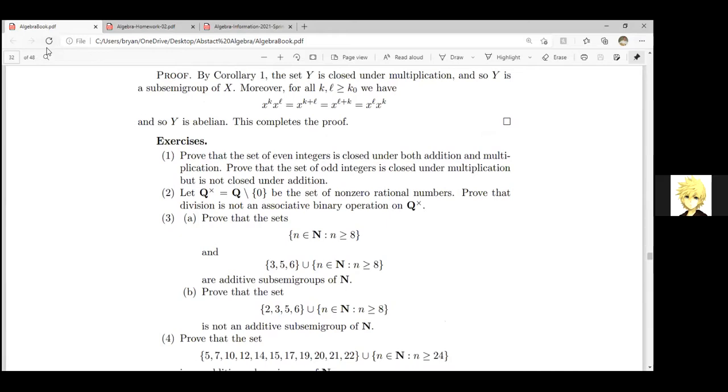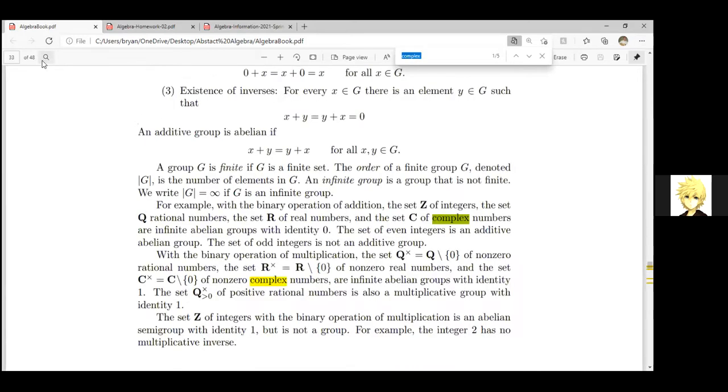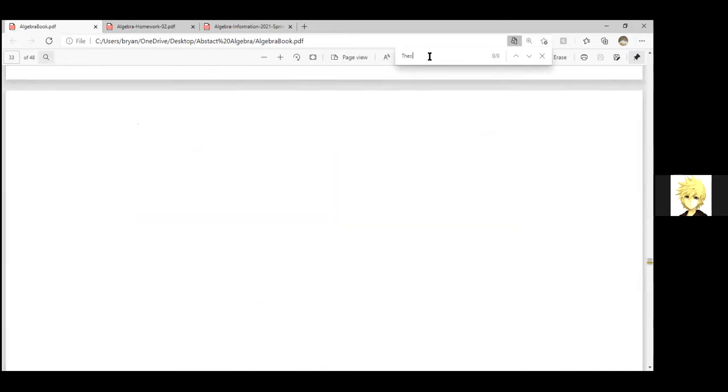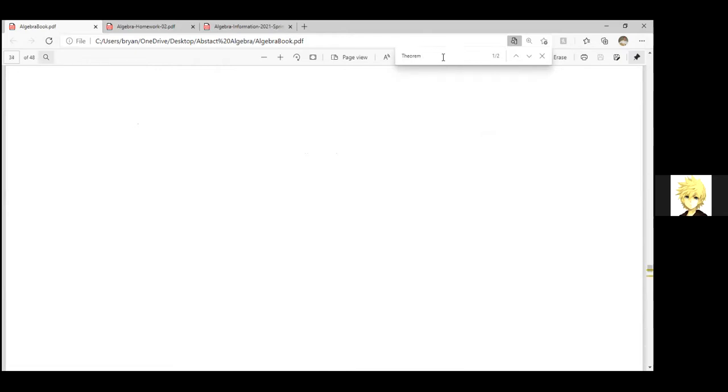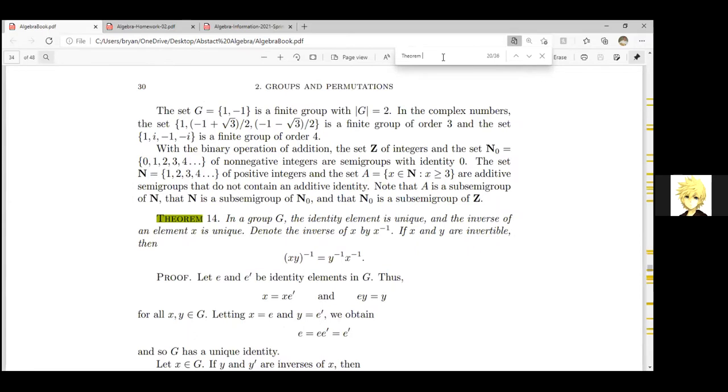Let me just do the find. Theorem 13. So that's 14. Let me go up a bit.